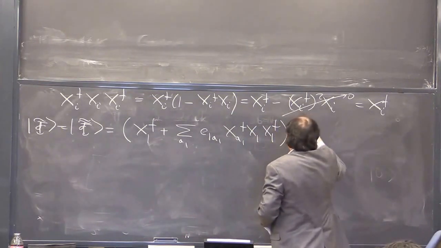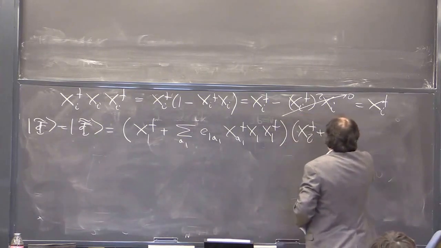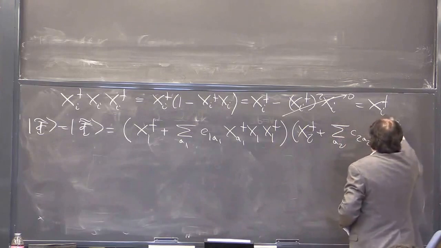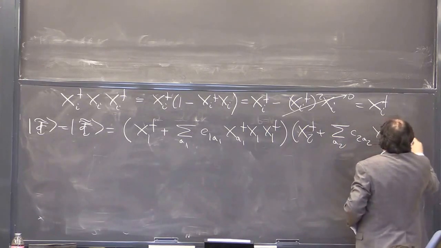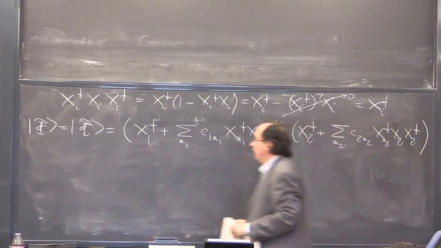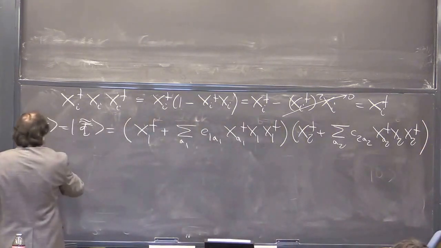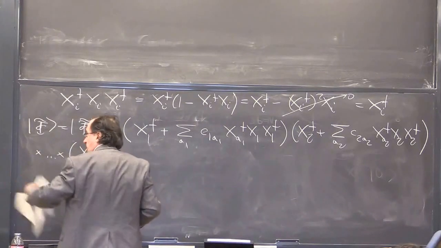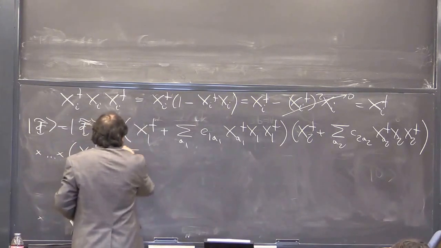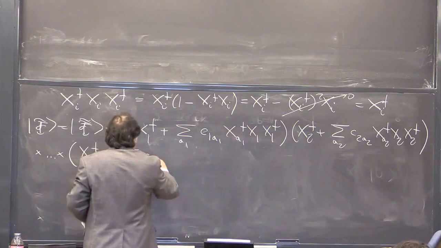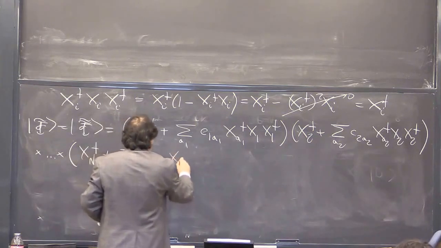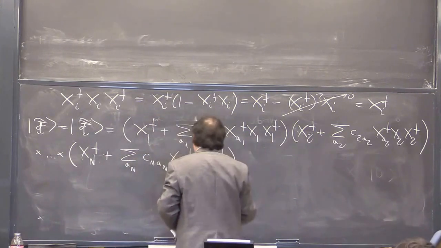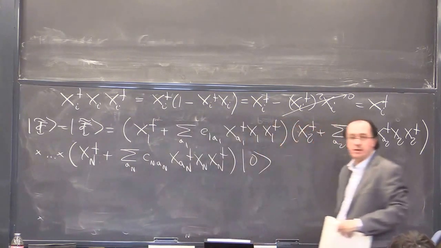Then for the second one, we have x2 dagger plus a summation over a2, c2, a2, x a2 dagger, x2, x2 dagger. And then for the last one, we have xn dagger. So I replace the triple product by a single operator, plus sum over an, cn, an, x an dagger, xn, xn dagger. Okay? All this acting on the vacuum.